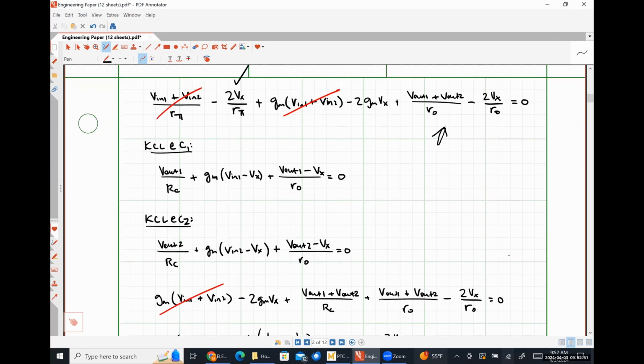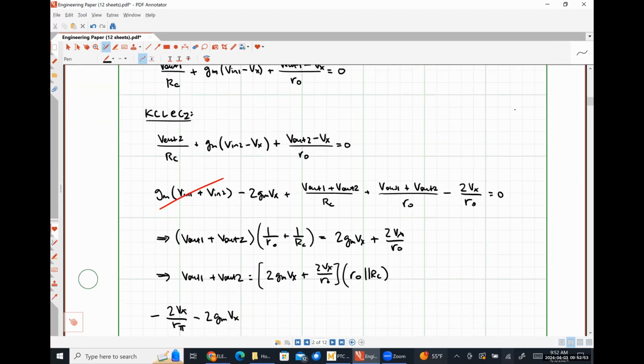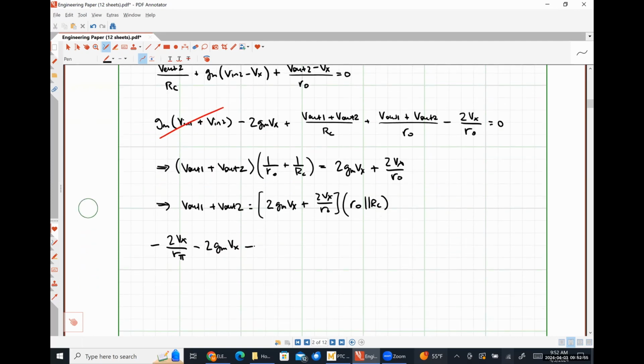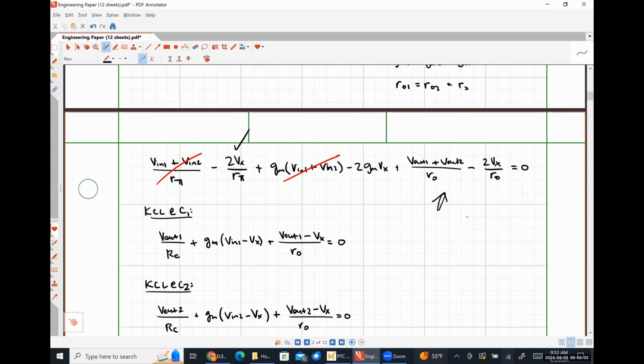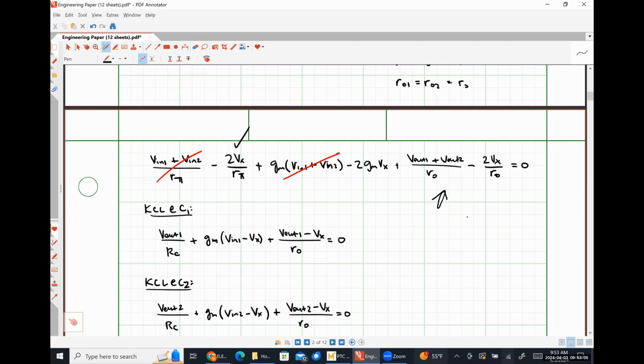Negative twice Vx over R naught. And then now we have the Vout1 plus Vout2 over R naught. Sorry.